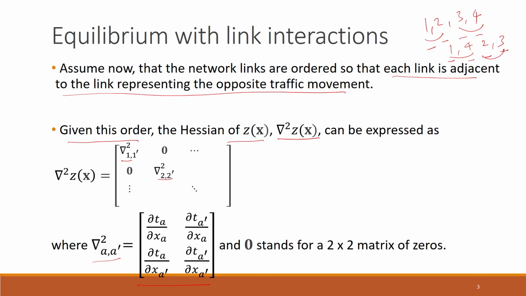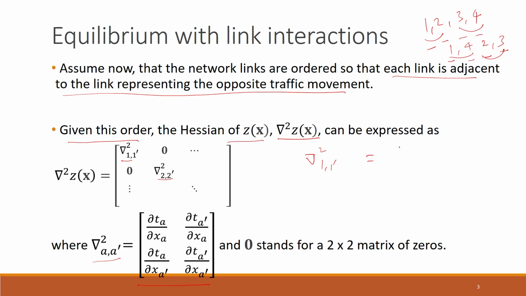So, for example, this grad square 1 comma 1 dash, okay. It consists of the elements corresponding to the links 1 and 1 dash, given that 1 and 1 dash are opposite to each other, okay.